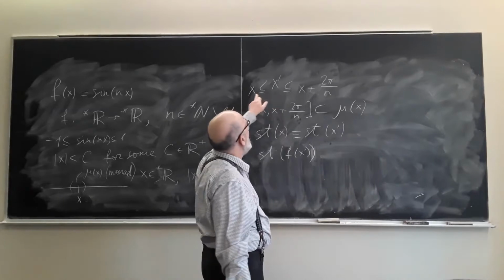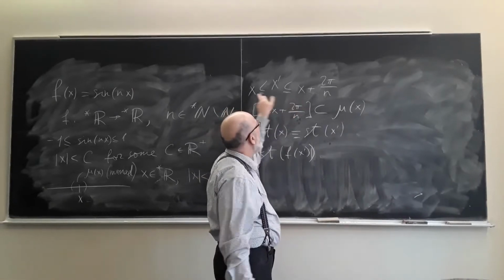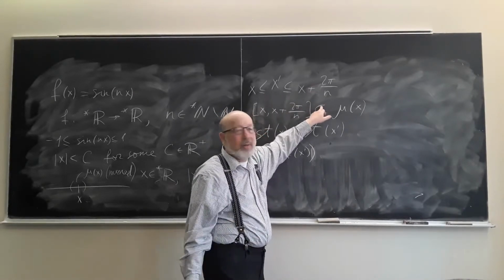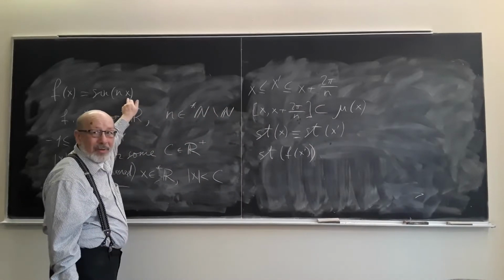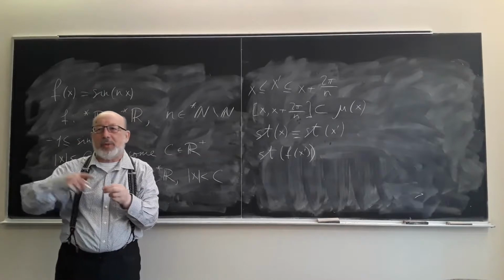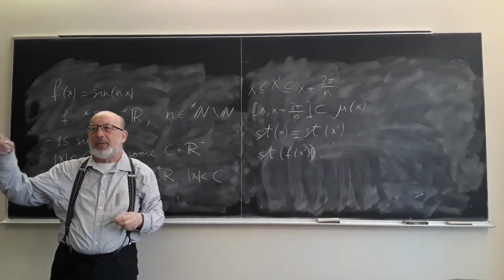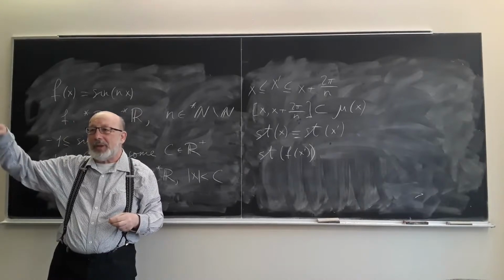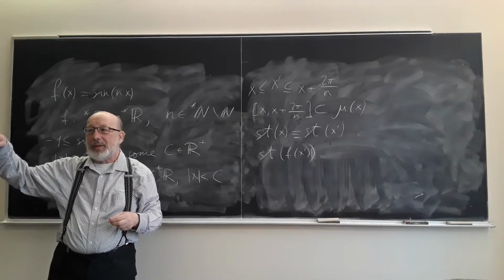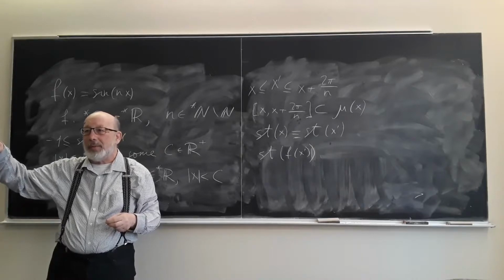As x prime goes from x to x plus 2 pi divided by n, n times x prime changes within a period of length 2 pi. And so within this period, the function sine takes all values from -1 to 1.